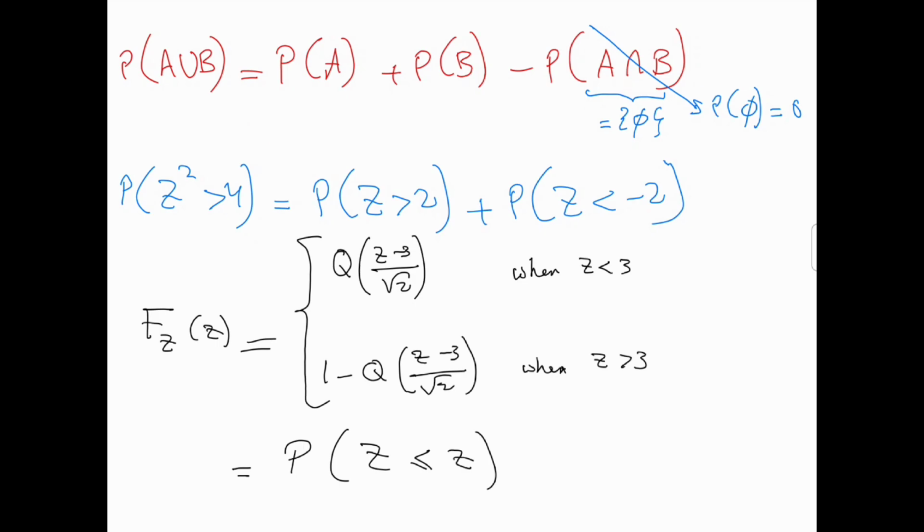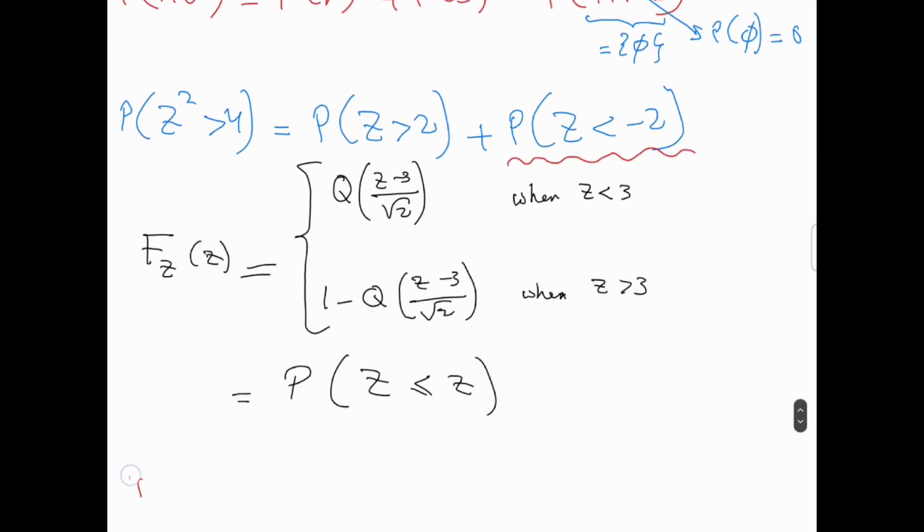So for the second probability, this is straightforward. What is the probability that Z is less than minus 2? First of all, minus 2 is less than 3, which means that we're going to use the first Q function.